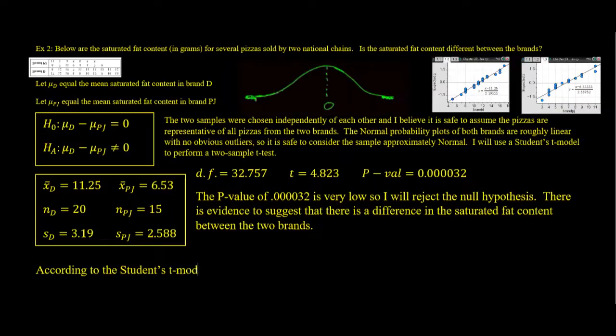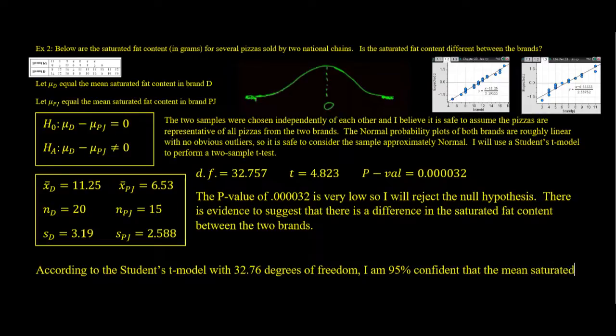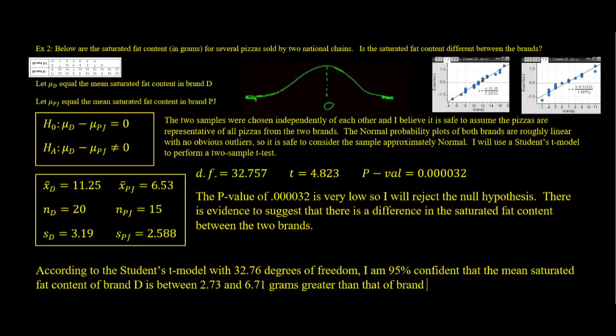According to a student's t-model, with 32.76 degrees of freedom, I am 95% confident that the mean saturated fat content of brand D is between 2.73 and 6.71 grams greater than that of brand PJ. And so we got all that information from the calculator. Let it do the work for you.